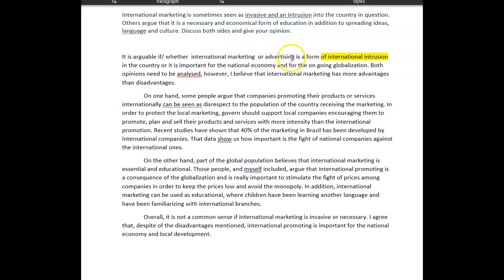Very, very important. International marketing or advertising, this is what we're talking about, is a form of, you could use unwelcome, it's quite a good word. Welcome. Or is a form of unwelcome. Do you know what?